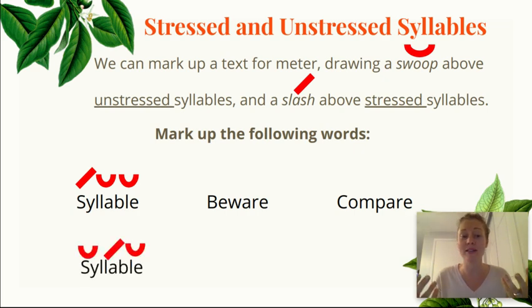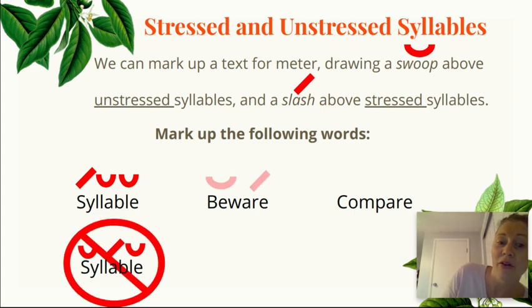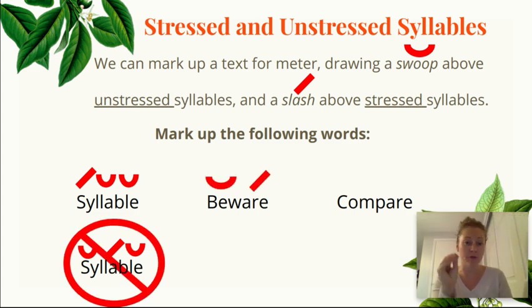Hopefully you thought that it would be unstressed first on the "be," stressed on the "where." We would not say "BEware" because it doesn't sound correct. And then the last one, "compare," same: unstressed, stressed. Sometimes you have to overpronounce the word in order to hear the stress.